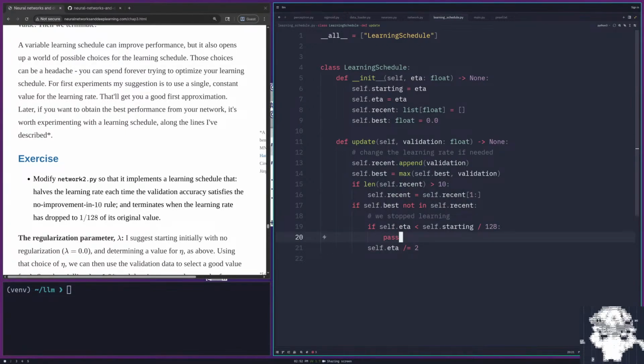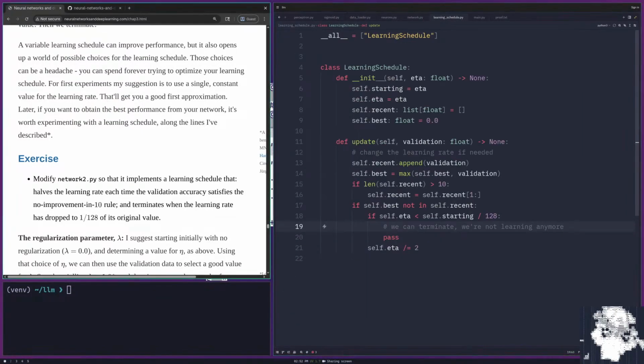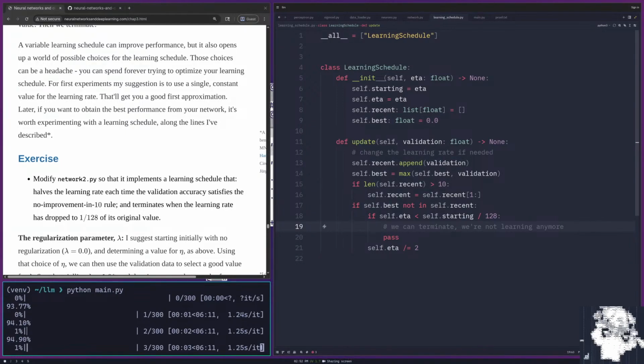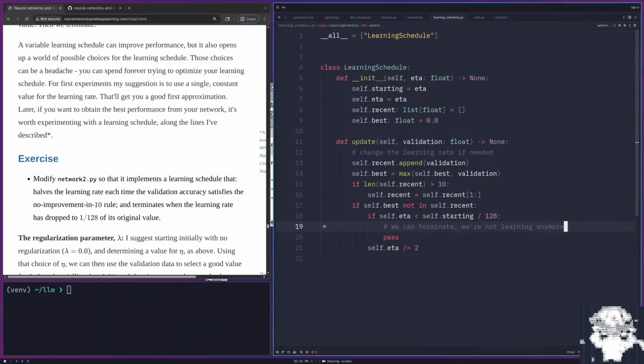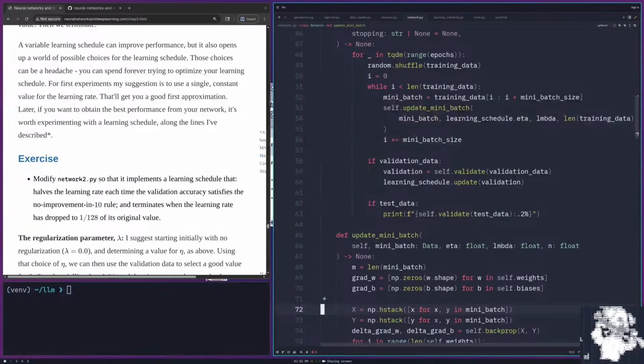Like that's when we can terminate. We're not learning anymore. Okay. Does this work? You know what would be helpful is if I were printing ada.